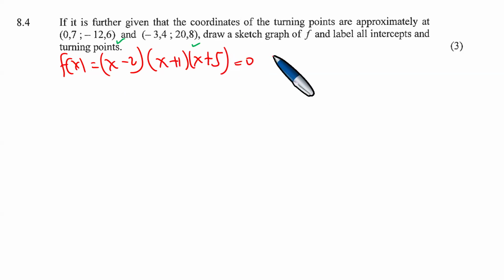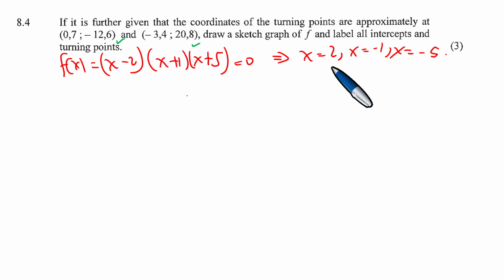My friends, if this is 0, then x is 2, minus 1, minus 5. These three are called the x-intercepts, and they occur only when y is 0.